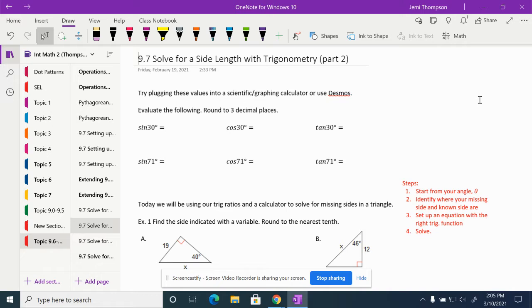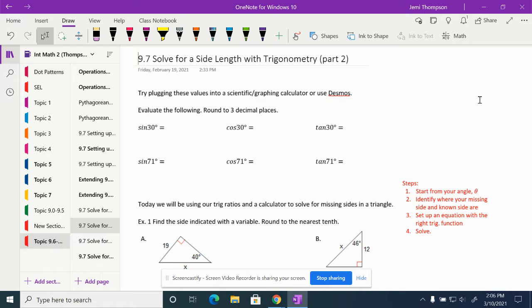But you can certainly use some kind of a scientific or graphing calculator if you prefer. We're going to actually be using those buttons that you've seen for so many years and maybe never have gone to use before, that are sine, cosine, and tangent. So first things first, we need to make sure that all of our devices or websites are in the same mode.